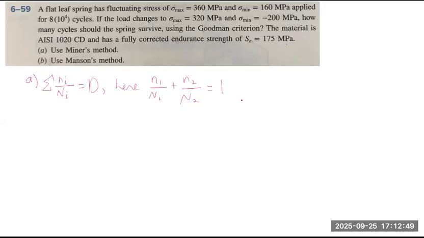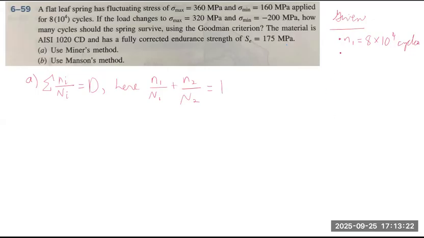So what are our givens? We are given that n1 is equal to 8 times 10 to the 4 cycles. And we want to find n2. How many cycles should the spring survive?